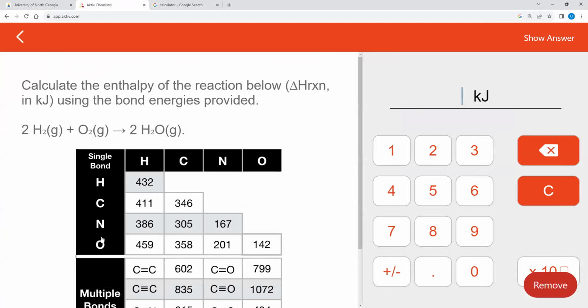The way we have to do this is we look at the reactant side, and we need to draw the Lewis structures of those things. And we need to look at what bonds are actually breaking and how many of them there are. So the way that I would normally do this is I'm going to draw out the Lewis structure of each of these compounds, and I'm just going to draw how many of them there are based on the coefficients.